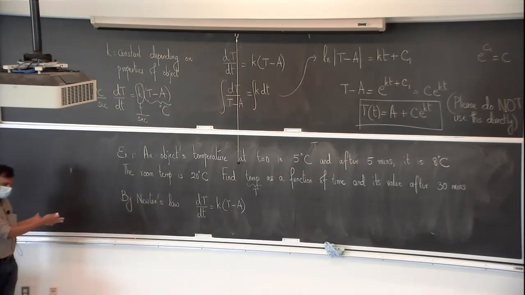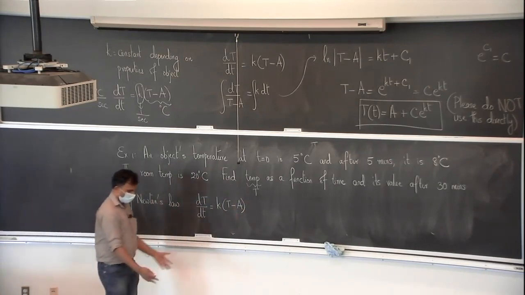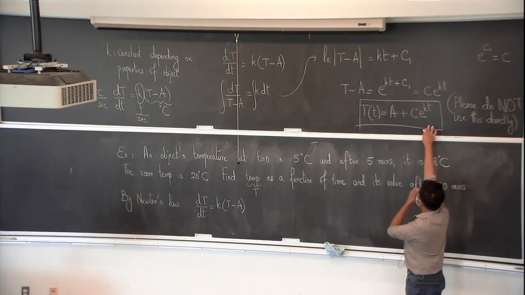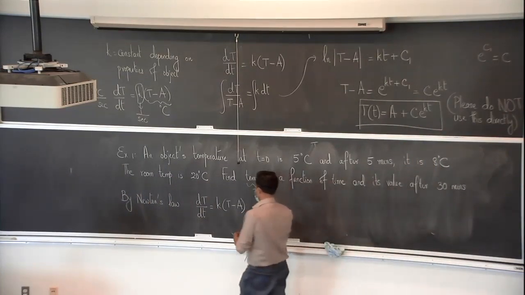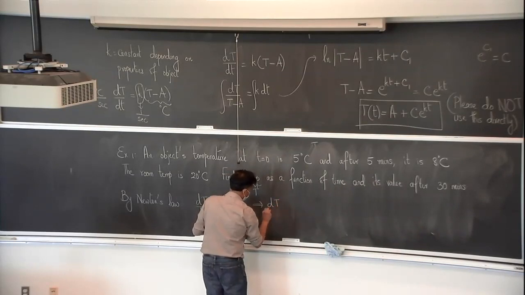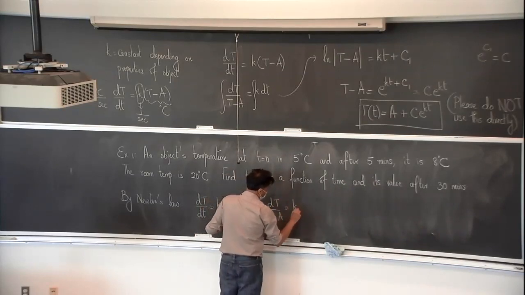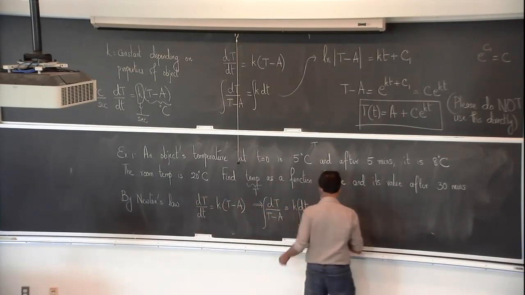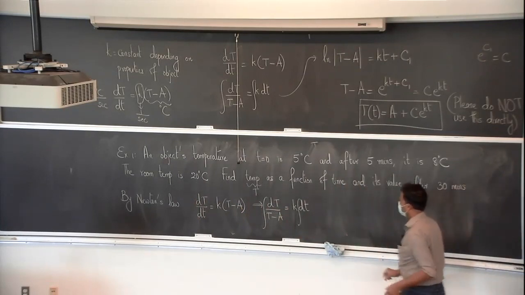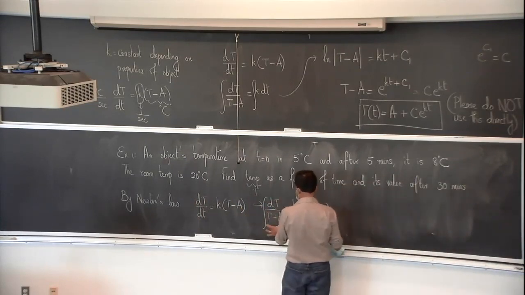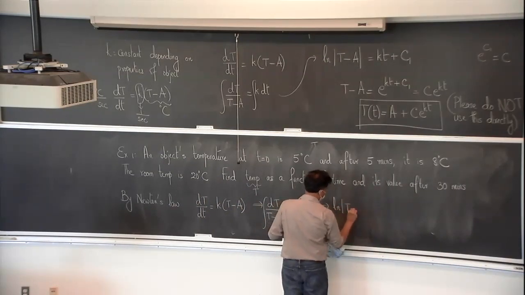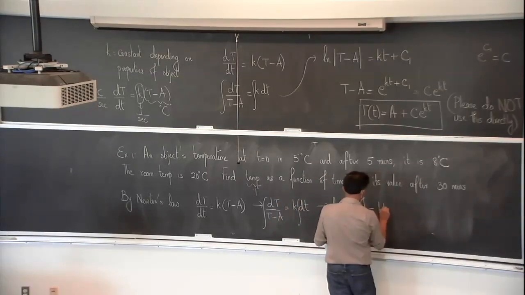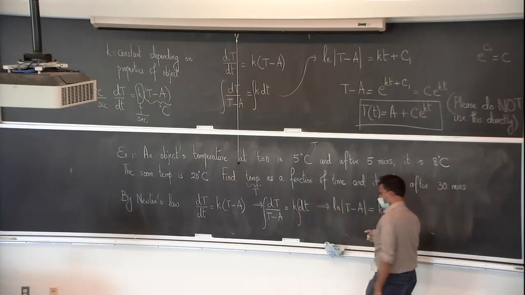You cannot derive this, right? This was a postulate that Newton proposed based on observation. You cannot derive that formula, but you can derive this one by solving the differential equation. So dT over T minus A equals k dt, where k is a constant. So that's a separation there, ln of T minus A equals kt plus C, or C1, I don't care what you call it.